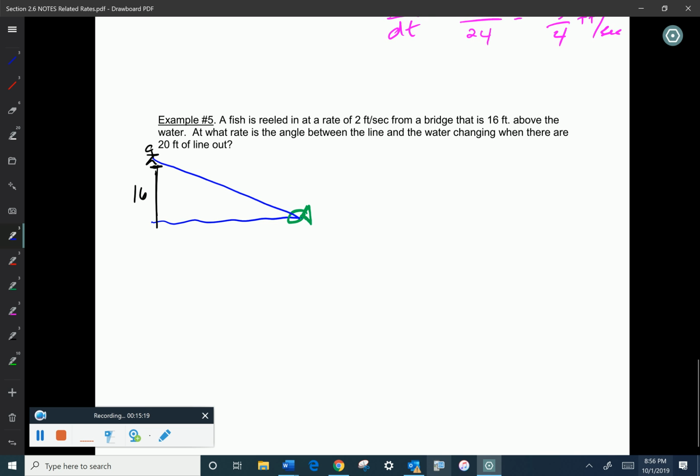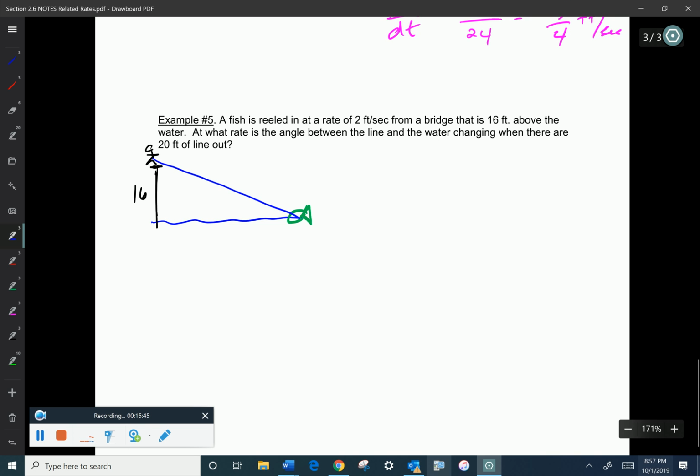Now, when it says that the fish is reeled in at a rate of 2 feet per second, the question is, what side is it that they're talking about? If the fish is being reeled in, well, as he's reeling him in, he's not pulling the fish up this line, but the fish is being pulled along the level of the water, right?